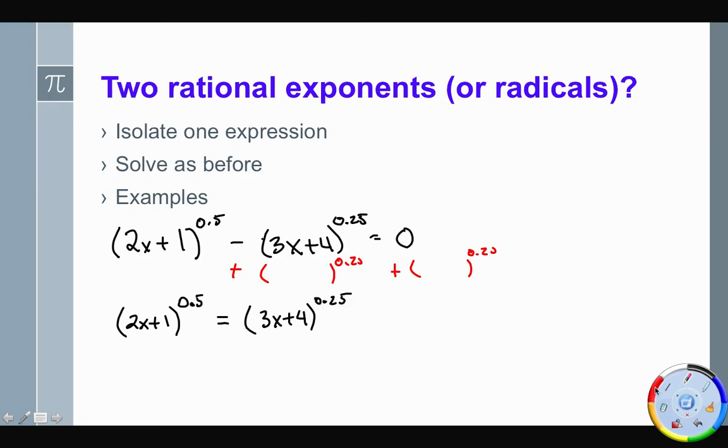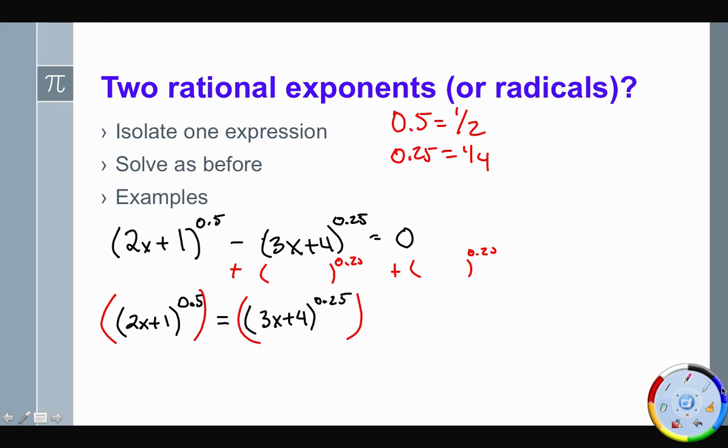Now, we need to take some power of both sides that will cancel out both of these exponents. If you recall that 0.5 is equal to 1/2, and 0.25 is equal to 1/4, and if I multiplied both of these by 4, I can cancel the fractions. So that's essentially what we're looking at.